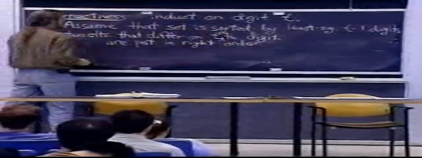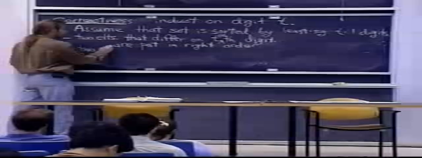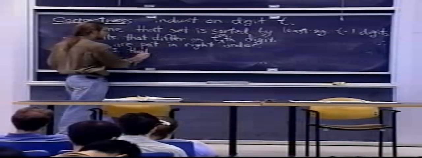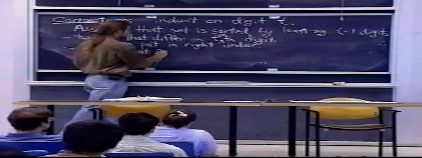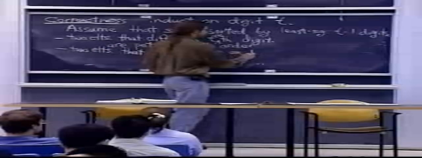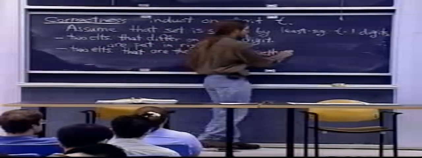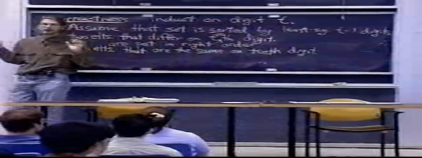So these guys are put in the right order by this iteration. And the other kind of pairs of elements are elements that are the same on the tth digit. Those, the algorithm doesn't play around with, right? As far as this sorting iteration is concerned, they're equal, and so we'll keep them stable, in the same order as they were before.